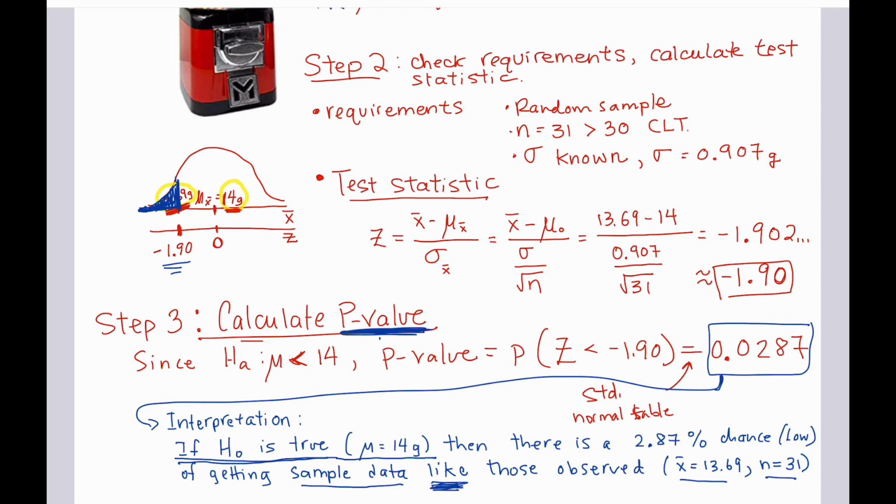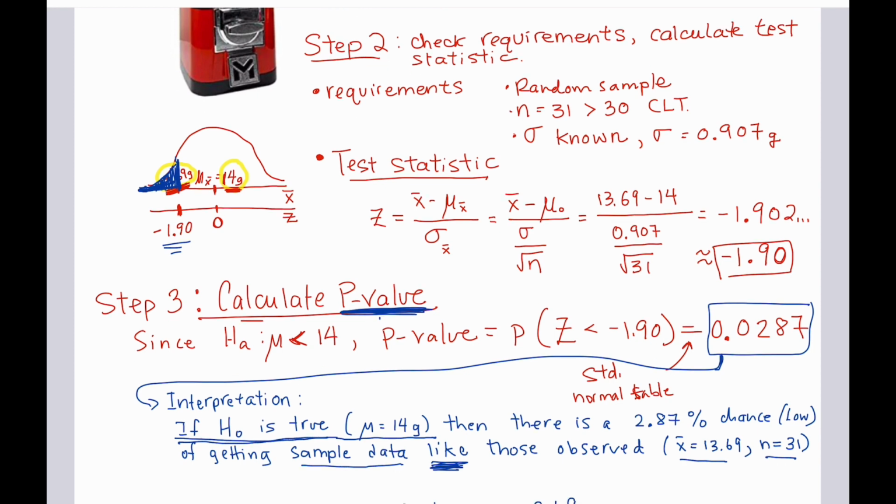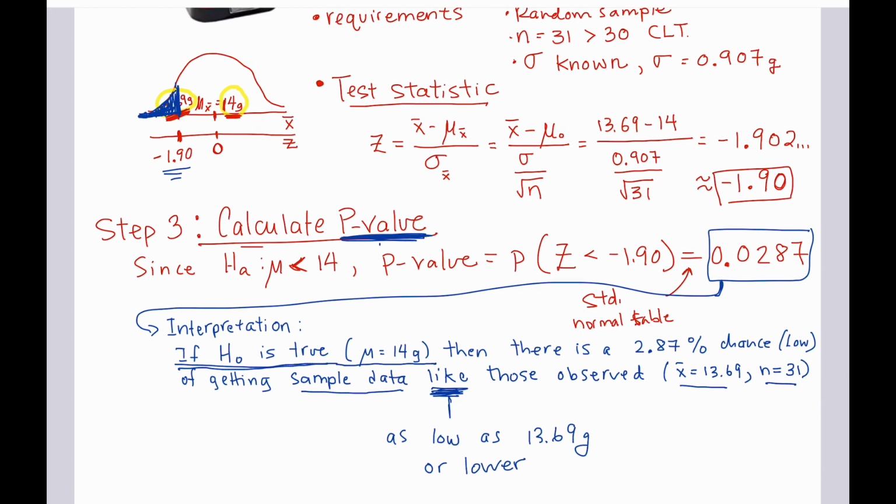To be more specific, by like I mean as low as 13.69 grams or lower. So that's how we can interpret the p-value.